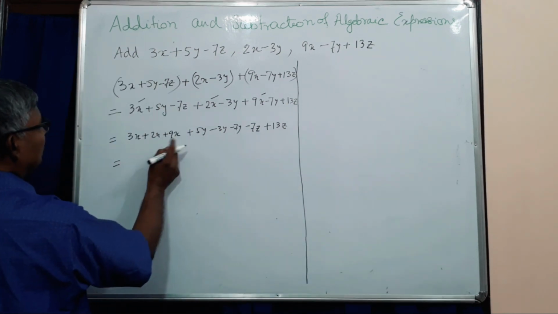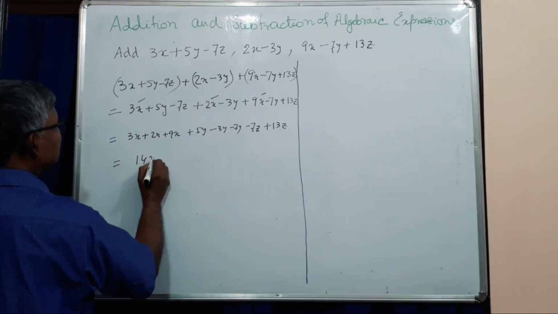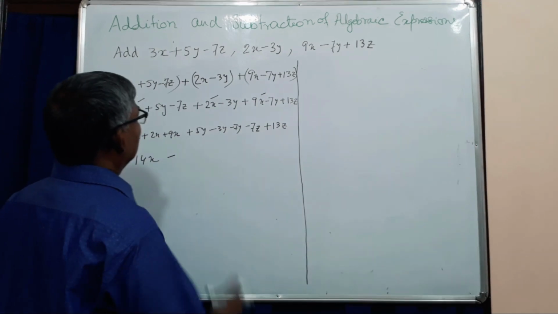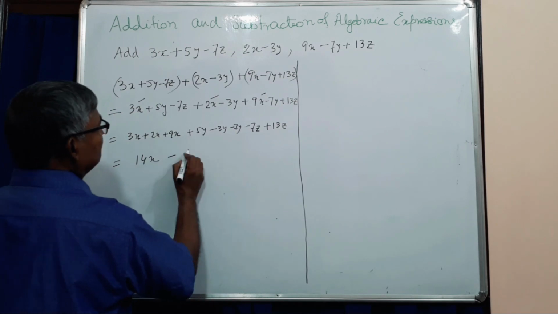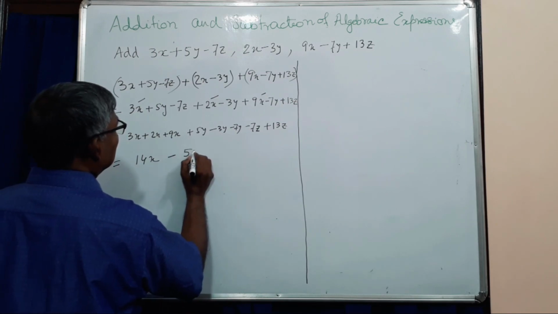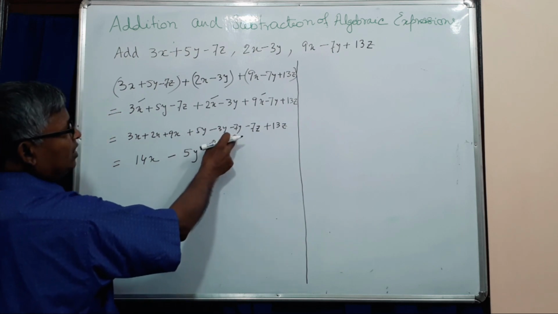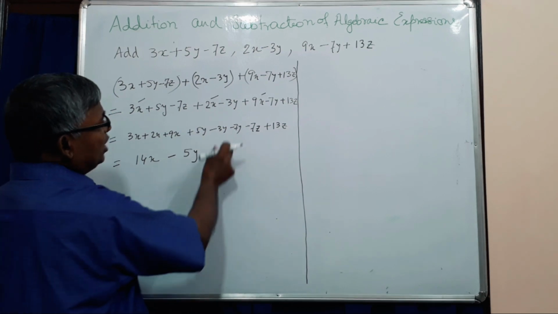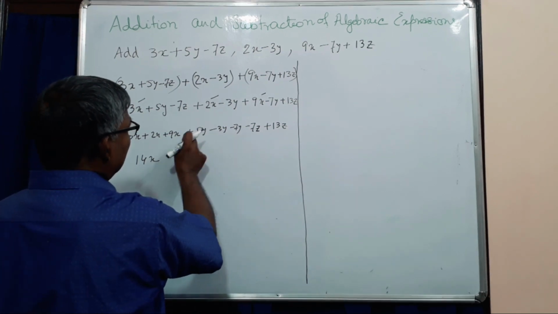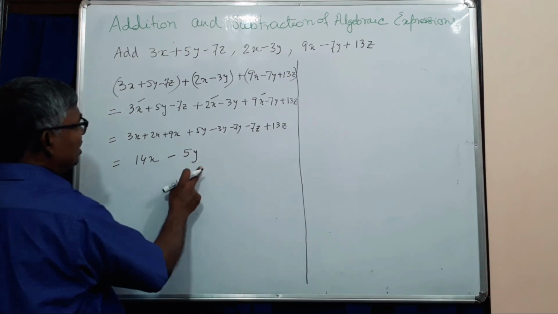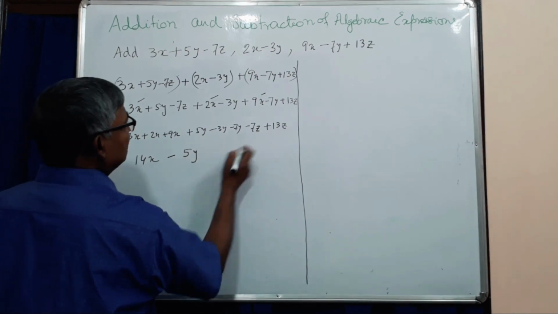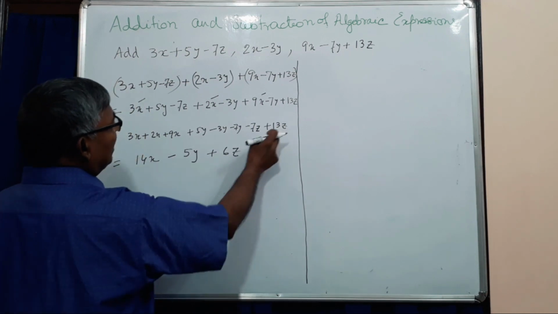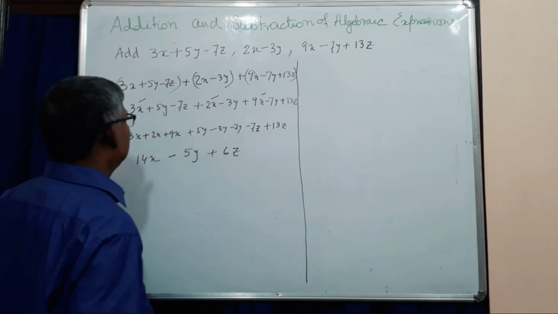So simply it is 14x. Here you see 5y minus 10y, that is minus 5y. Here minus 3 minus 7, that is minus 10y, and here plus 5y. So the result will be minus 5y. Here it will be 6z, 13z minus 7z equals 6z.